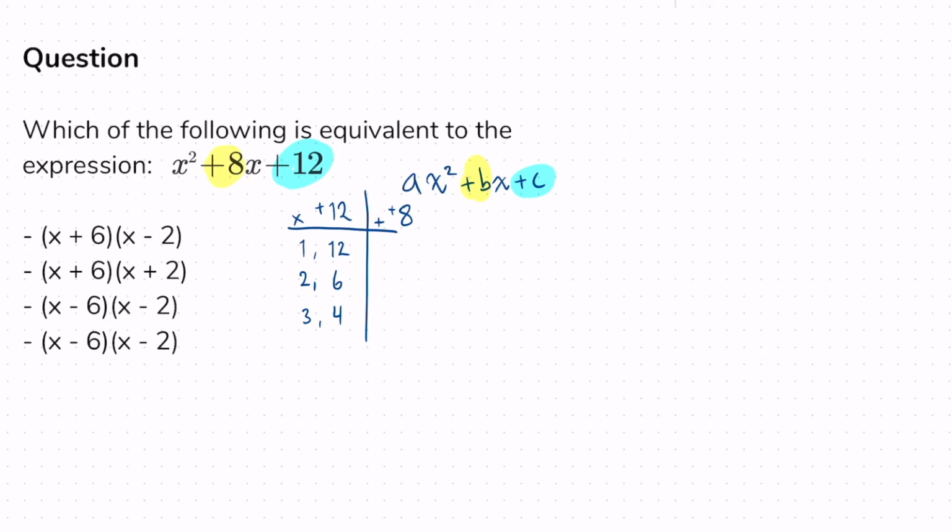So 1 plus 12 is 13, so we can get rid of that line. 2 plus 6 is 8, and we can stop right there. The factors we're looking for are 2 and 6. So on the left-hand side I'm going to try and find the brackets that have a plus 2 and a plus 6, which is this one here.